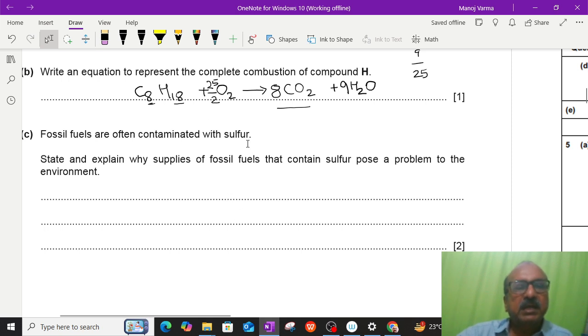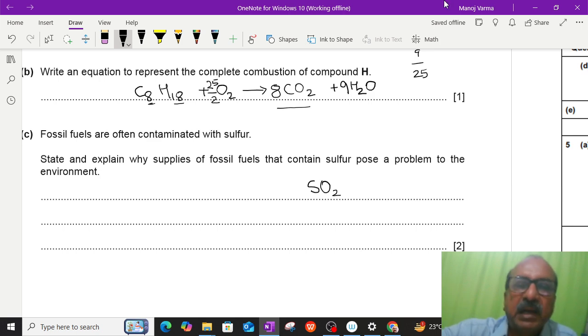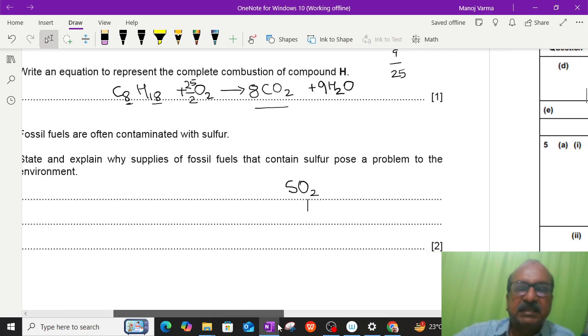Now, because it contains sulfur and the fuel will undergo combustion, you can expect that sulfur will form sulfur dioxide. Right? Sulfur dioxide, you know, is SO2, and this is responsible for finally changing into sulfuric acid, which is the cause of the acid rain.